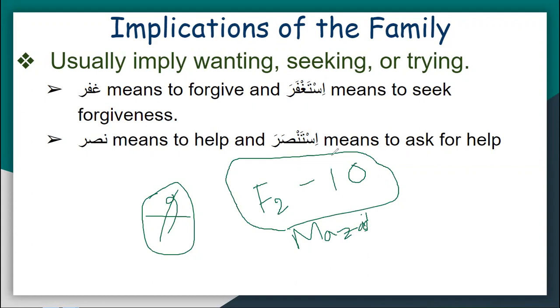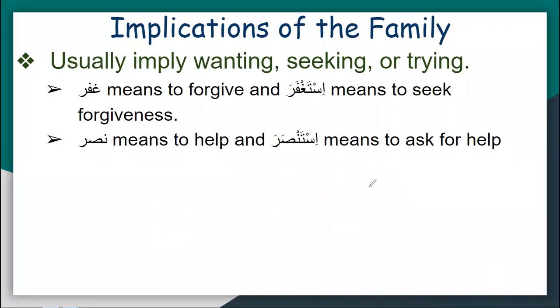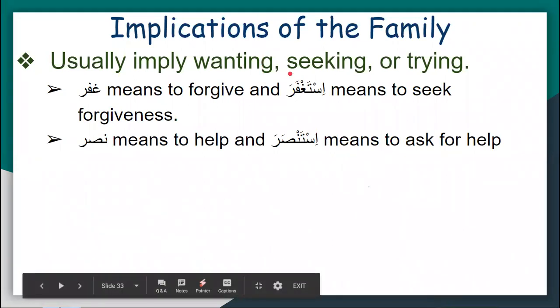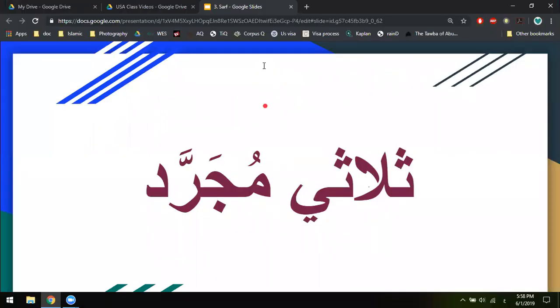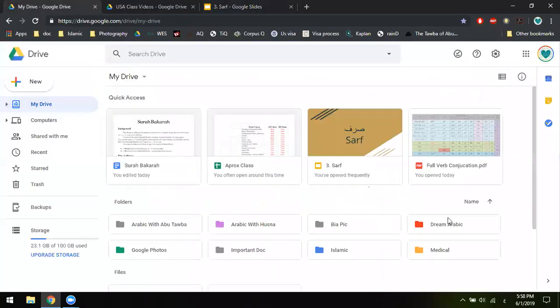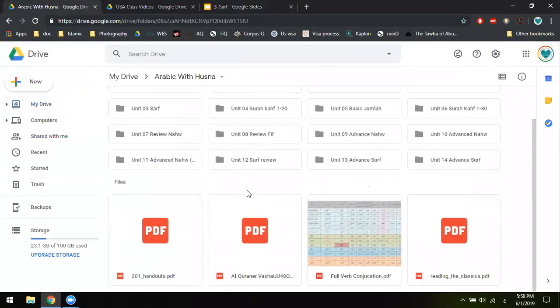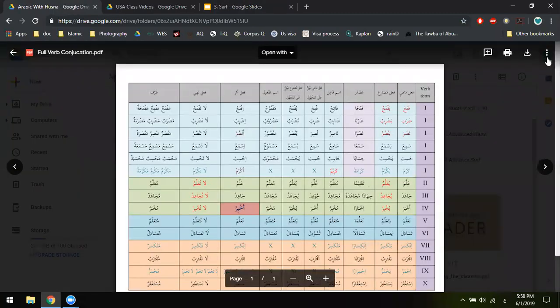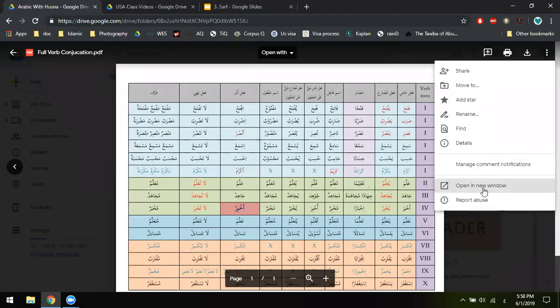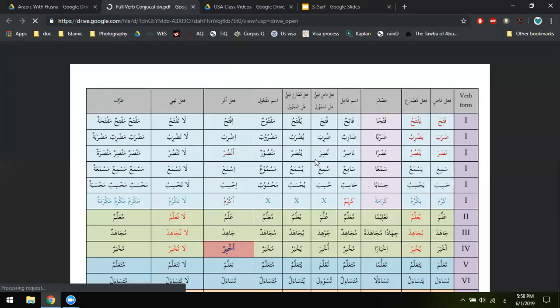I will put some. Let me see if I have it here, because I want to show you something, and I want you to use this one. This chart took so much time to make. I want you to use it with care, inshallah.